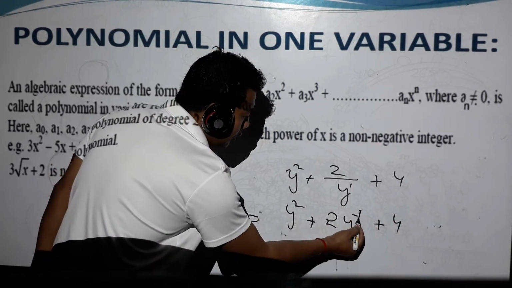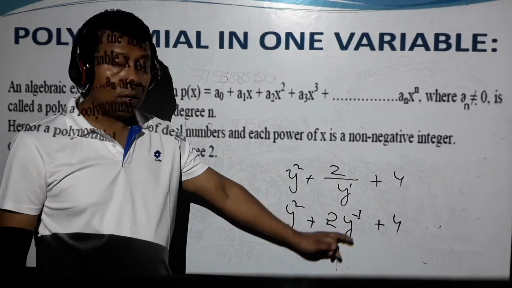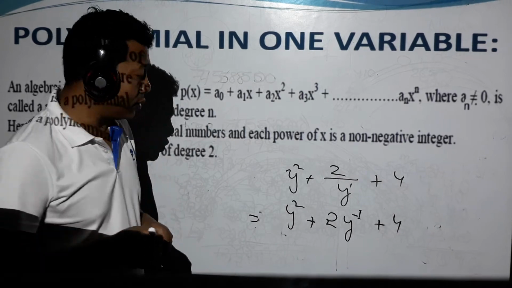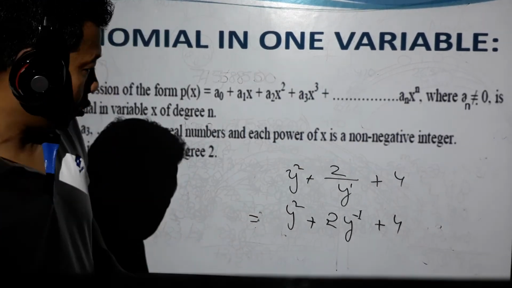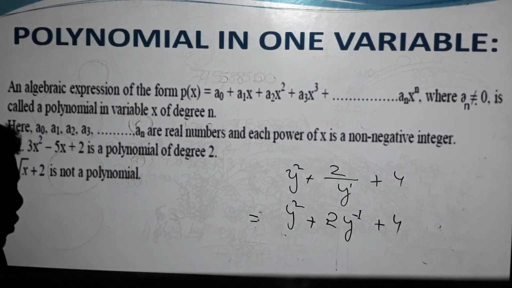This becomes a negative power, which is not a whole number. Therefore, this is not a polynomial. So you should be very careful of the powers of the variables.